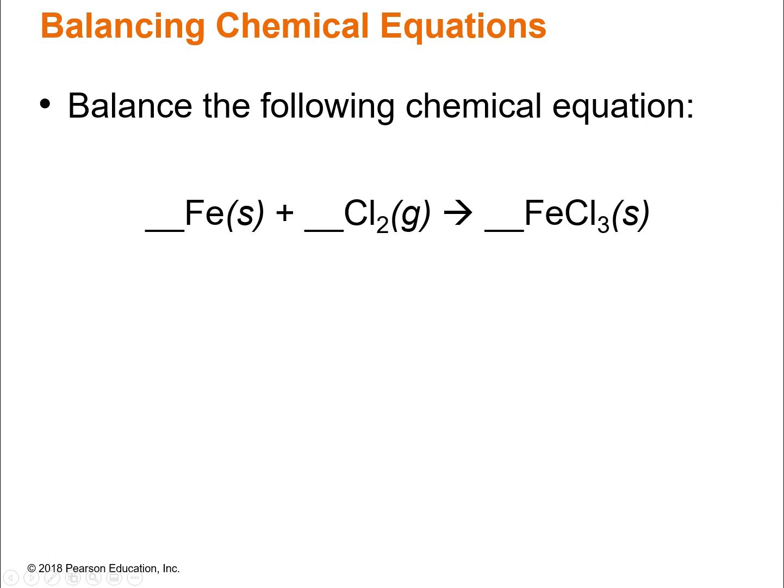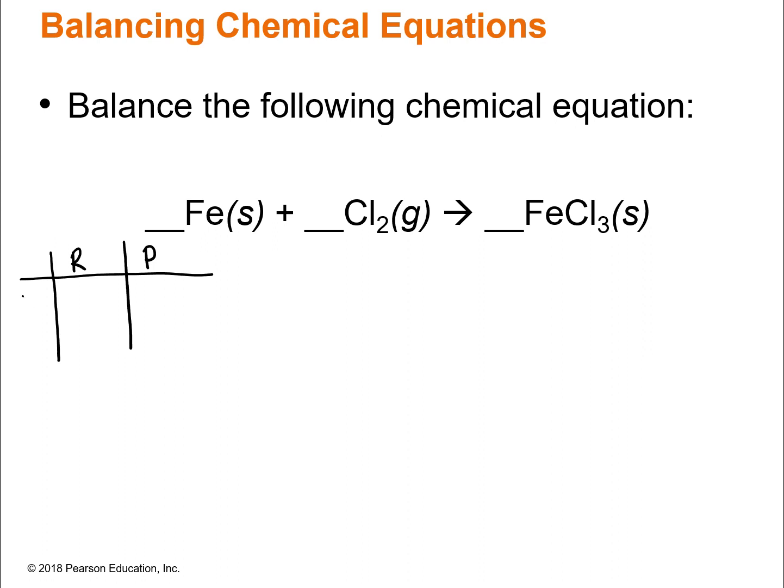This is the guess and check method. There's no real formula for how to balance equations. It's just guessing and checking and practice. I start by making a table to keep track of how many of each atom, each element I have, or ion if there's ions.